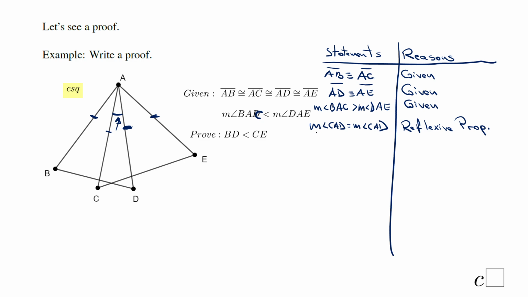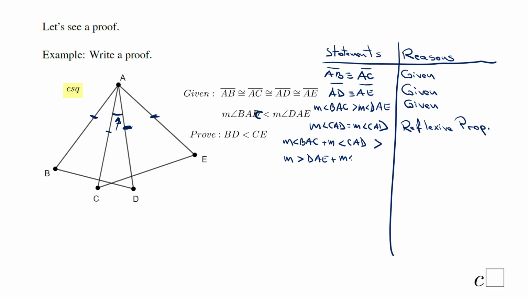Okay, now we're going to add these last two statements, and I'm going to have the measure of angle BAC plus the measure of angle CAD has to be greater, right? We add the left side, we add the right side, than the measure of angle DAE plus the measure of angle CAD.